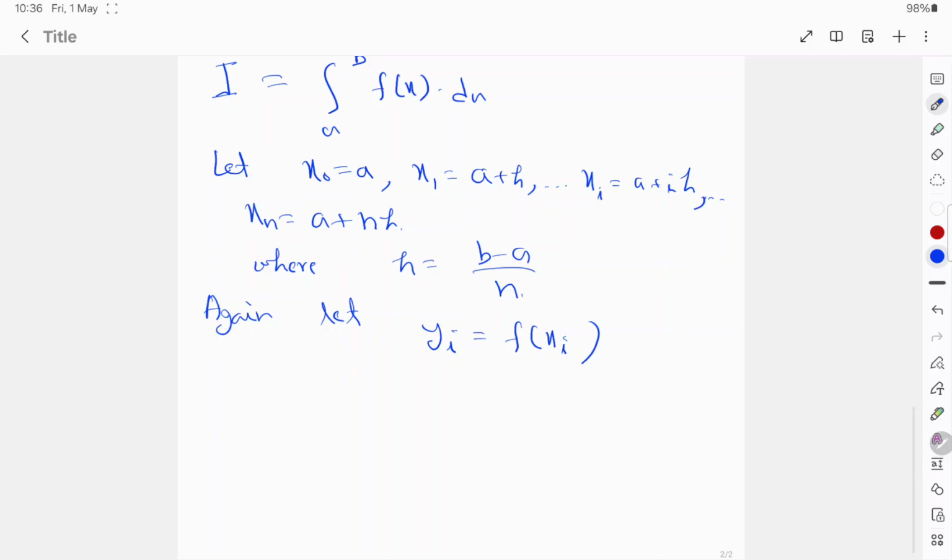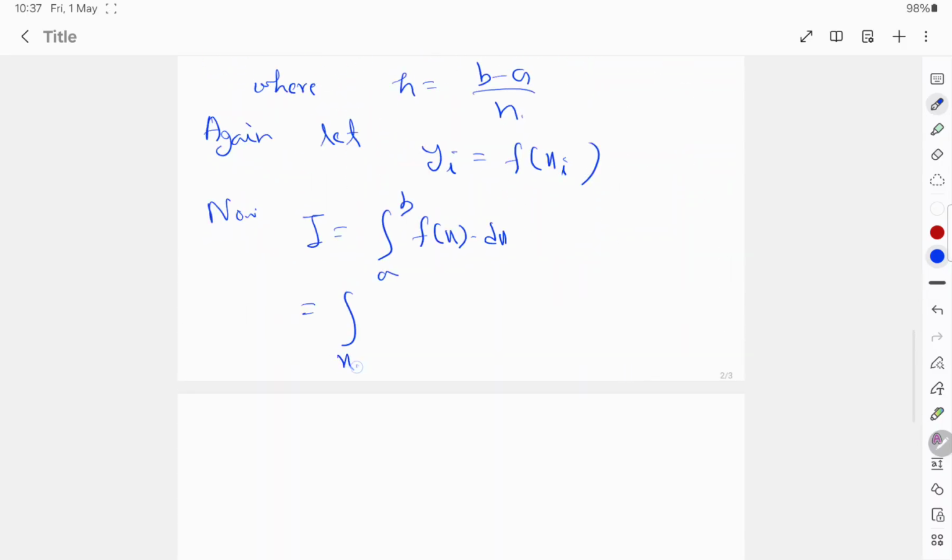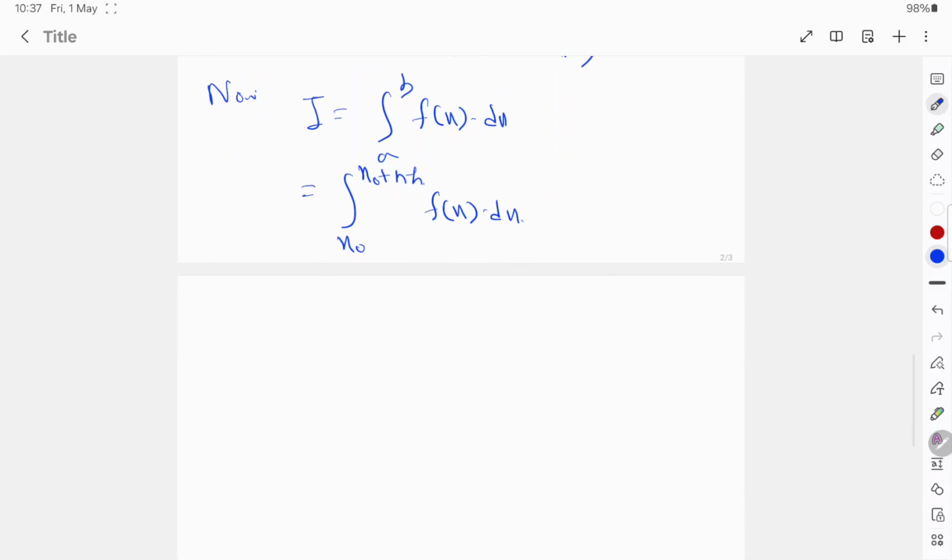Okay, so this is your setup, and now your goal is to find the integral a to b f(x) dx. So from here basically the integral x0 to x0 plus nh f(x) dx. Now you consider a substitution.